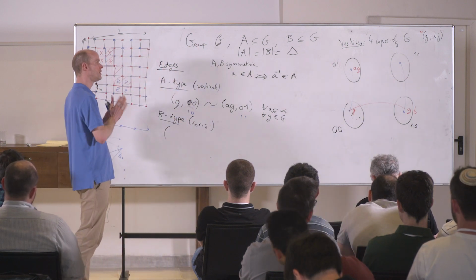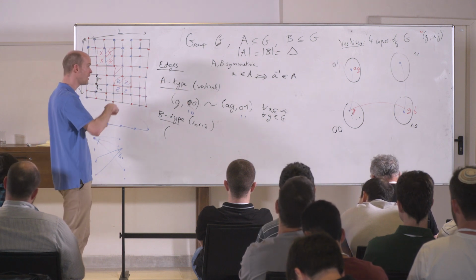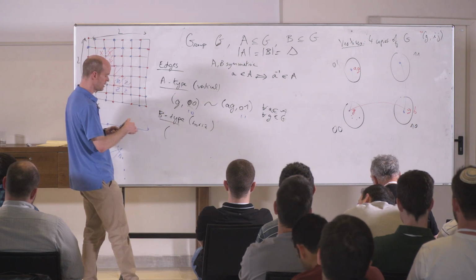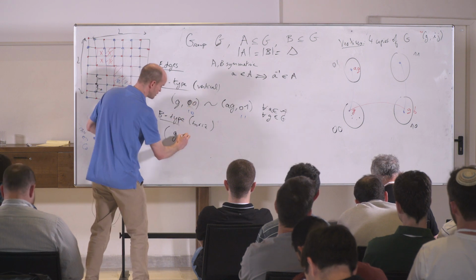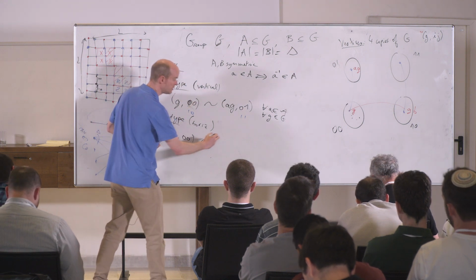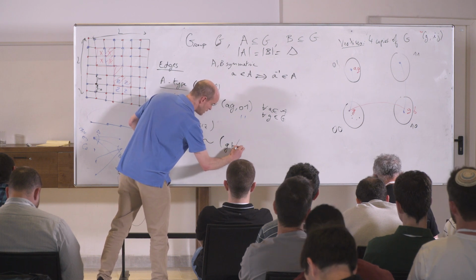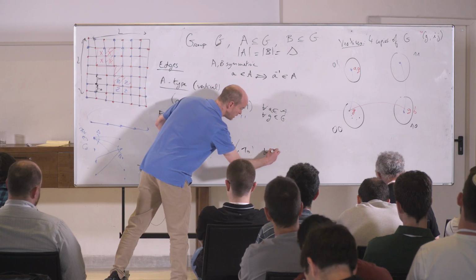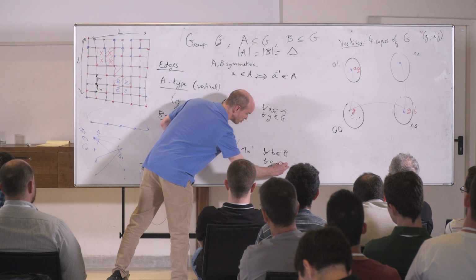When I move left or right, I multiply by b on the right. Okay, that makes sense? So g in (0,0) is connected to g times b in set (1,0). And this is for all b in the set B and all g in the group.